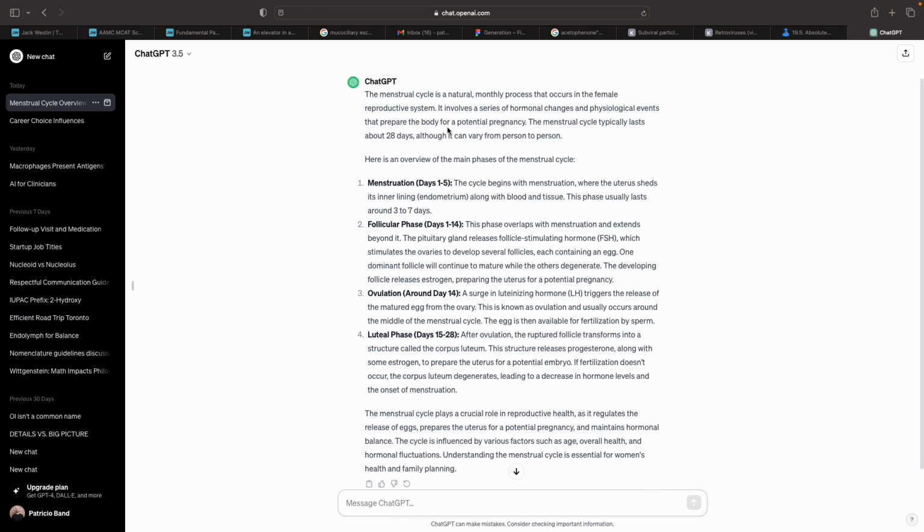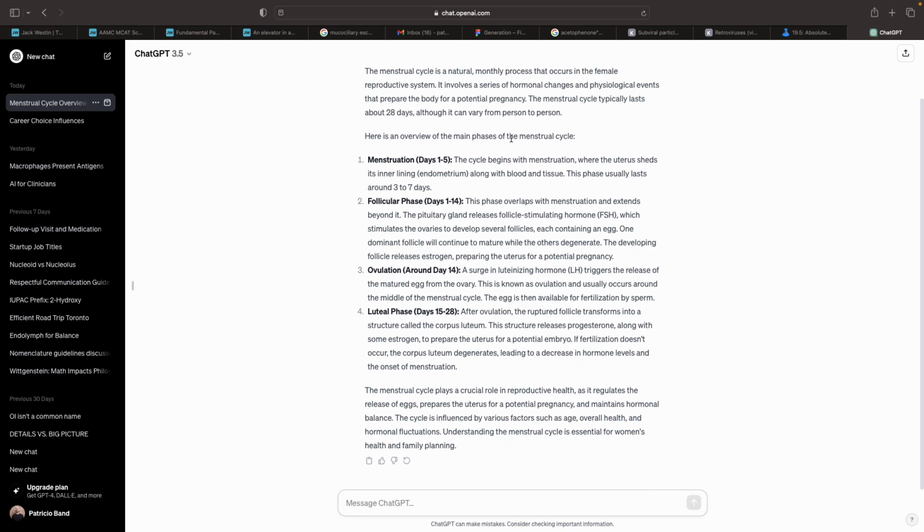It involves a series of hormonal changes and physiological events that prepare the body for a potential pregnancy. The menstrual cycle typically lasts about 28 days, although it can vary from person to person. Here is an overview of the main phases. Days 1 to 5, the menstruation.